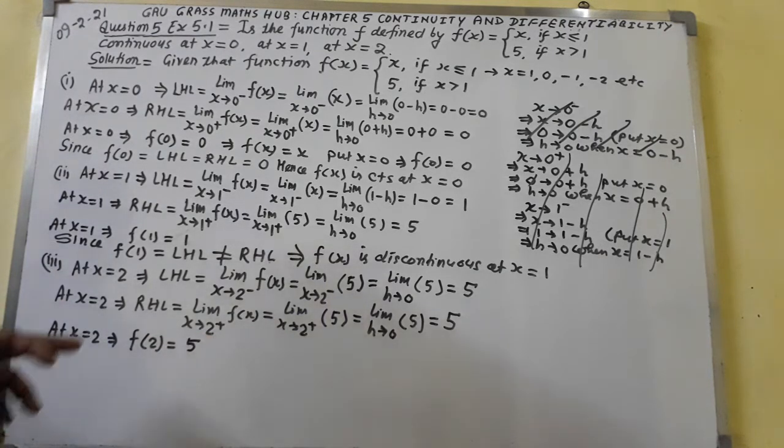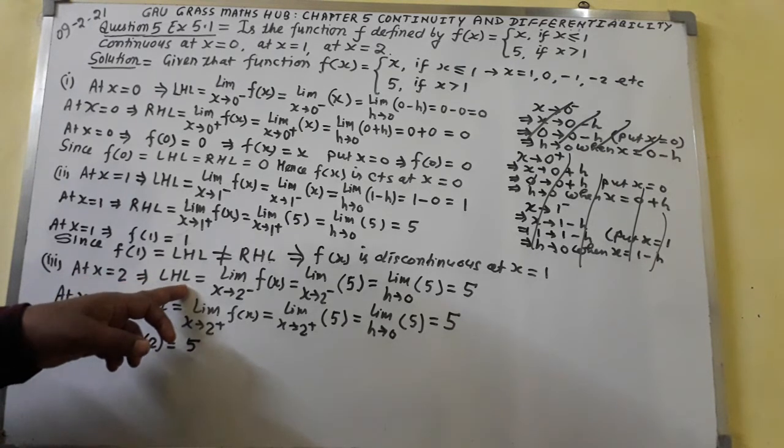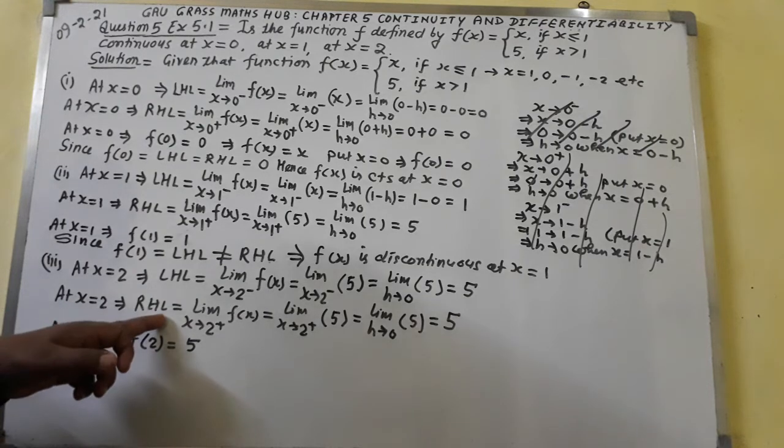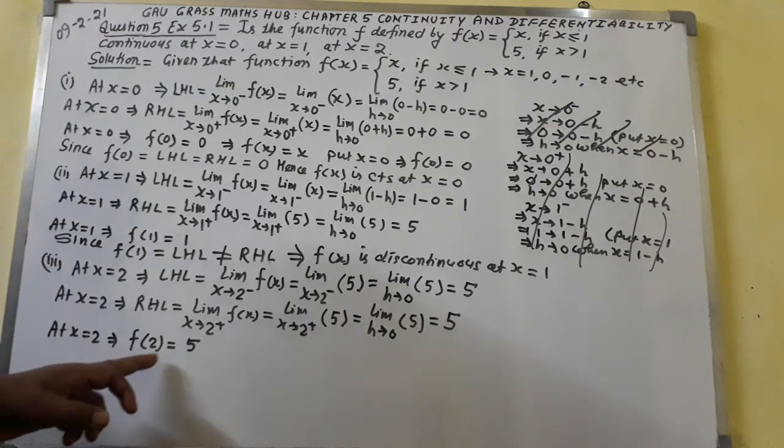So now you can see at x equal to 2, left hand limit comes out to 5, right hand limit comes out to 5, and f of 2 comes out to 5.